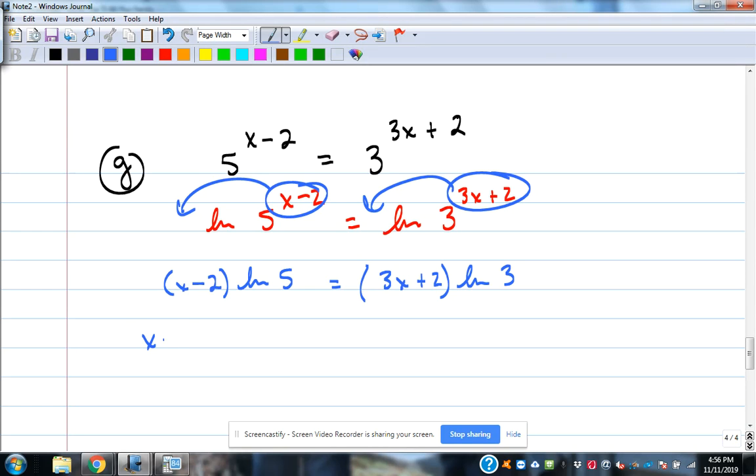So that's going to be x natural log of 5 minus 2 natural log of 5. It's going to be 3x natural log of 3 plus 2 natural log of 3. All right, so this one has more terms, but the same idea.